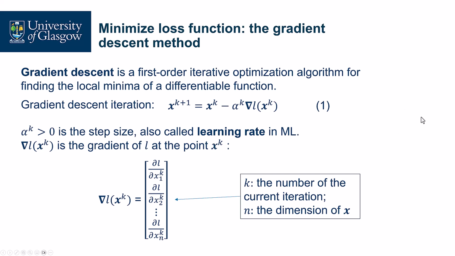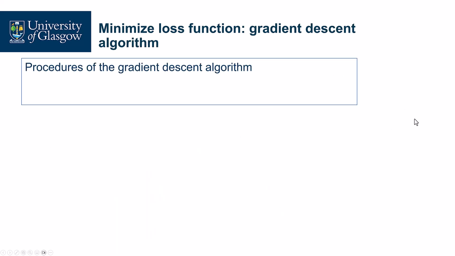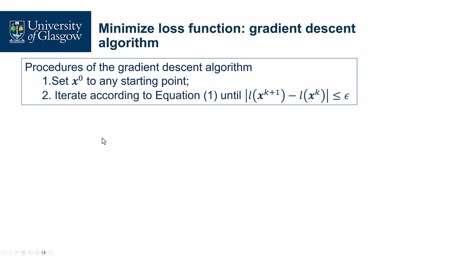Now let's see how the gradient descent algorithm works, right? First we set x0 to be any starting point. Then we iteratively use the previous equation, equation 1, until the difference between the loss function at k plus 1 and at xk is very small. We call this threshold eta, right?